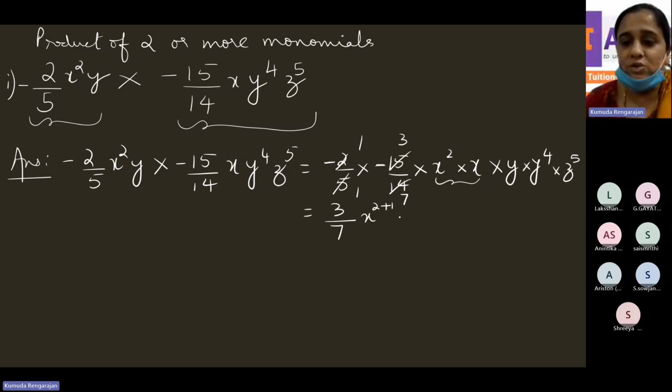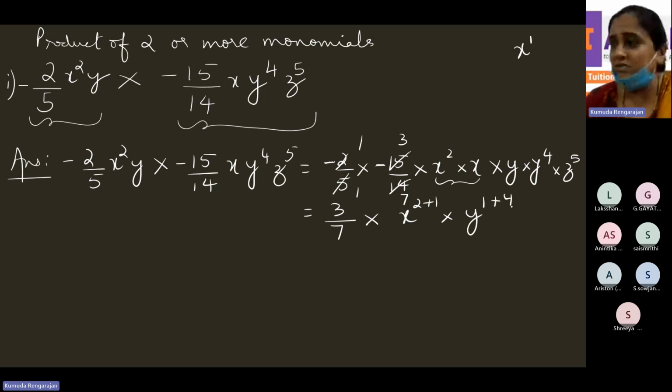When there is x, it means x to the power 1. If you don't put any sign in the middle, it is multiplication. You can also show it as x to the power 2 plus 1 into y to the power 1 plus 4. Again, bases are the same, it's multiplication, so we add the powers. And into z to the power 5.